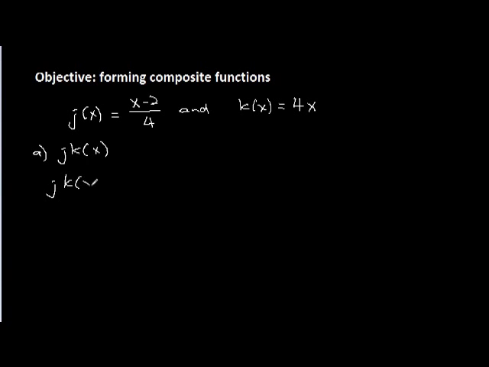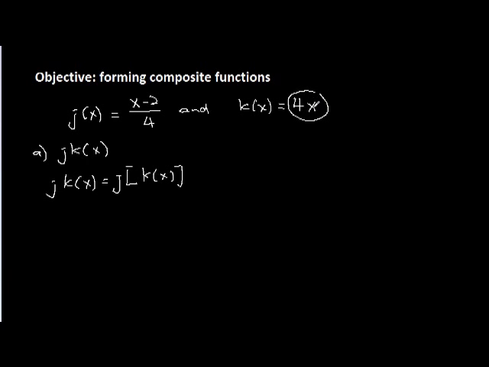j(k(x)) can be written as j of k(x), where this notation simply means k(x) is the input for function j. What is k(x)? k(x) is equal to 4x.